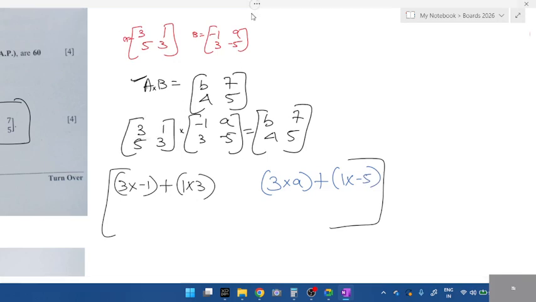Then take R2C1. Just write their value. I'll tell you how to solve. Write their value.